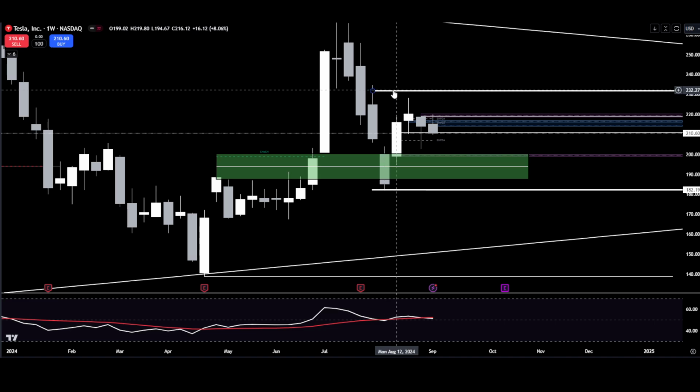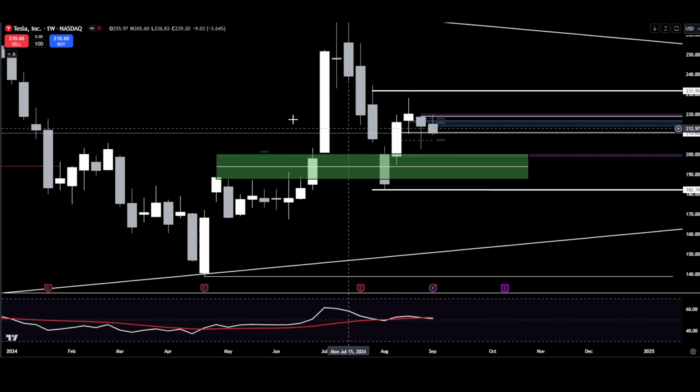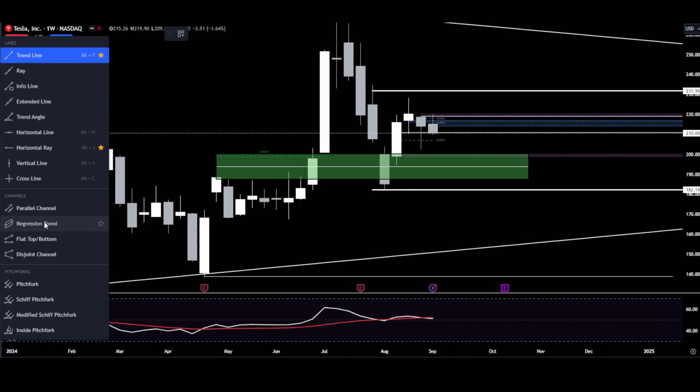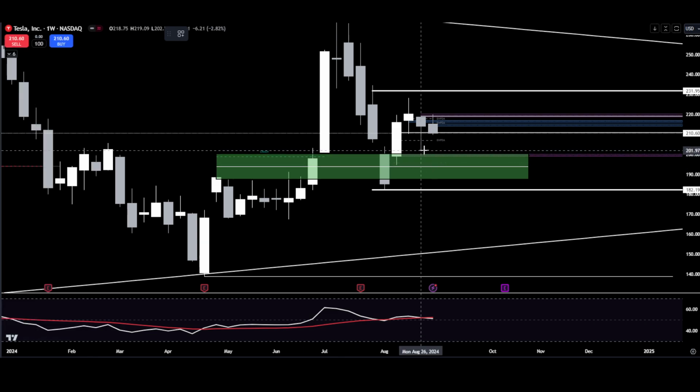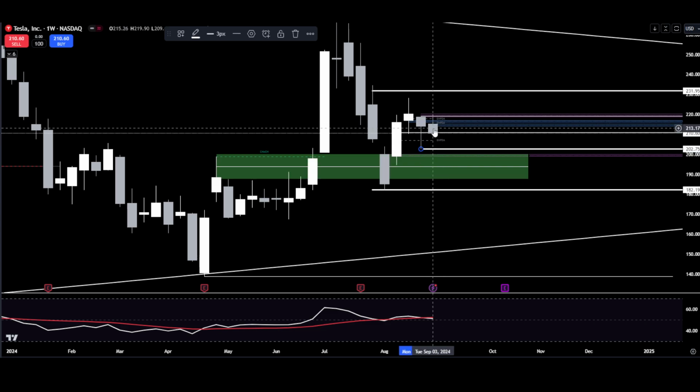So this is the monthly high. This is a previous weekly high. But what we want to do here is also mark off the previous week high and low. You can see we already ran a test of the previous week high in today's wick. Right now we're testing low, so we could see a drop down to 202.75. And then we have that monthly fair value gap right there.